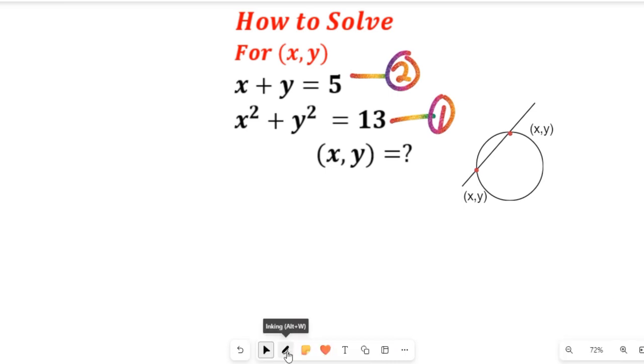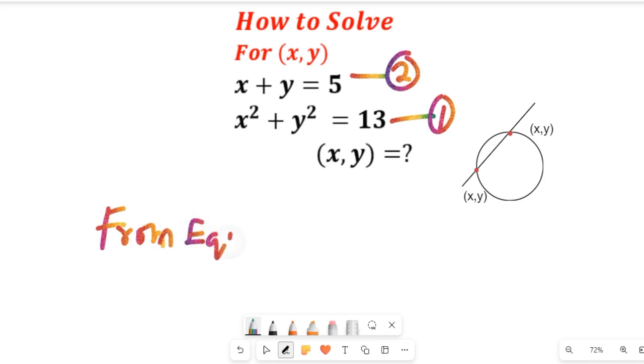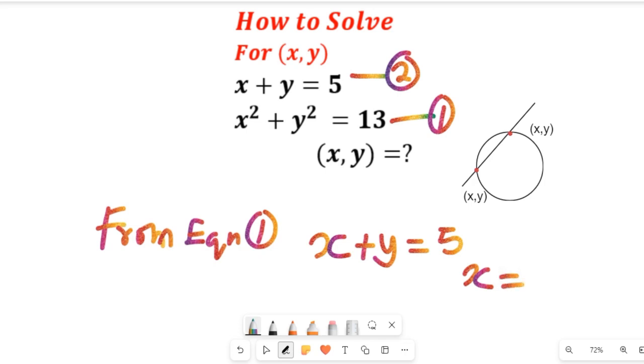Let's get started. To solve this, let's consider equation 1. From equation 1, we have x plus y equal to 5. If you subtract y from both sides, x will be equal to 5 minus y.